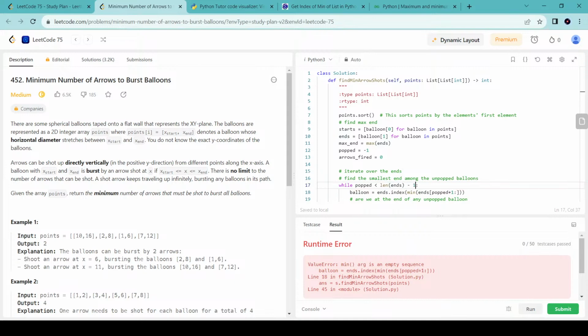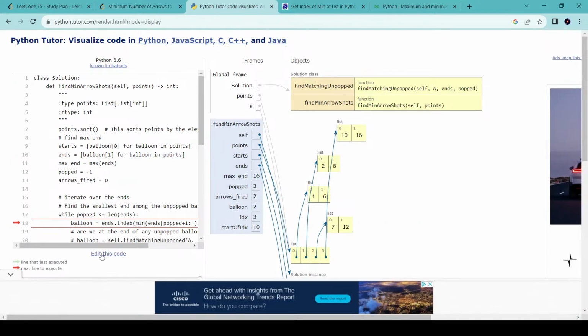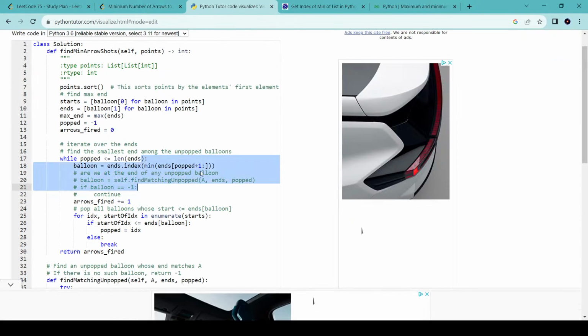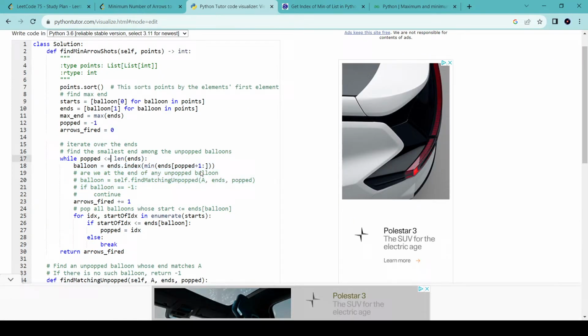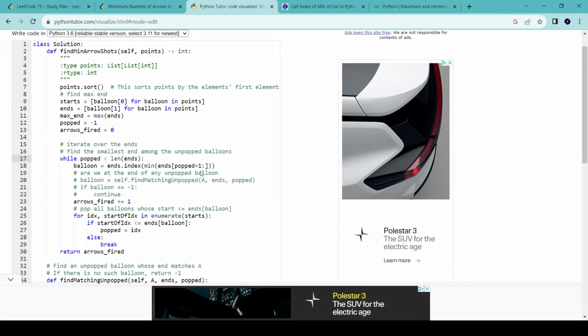Minus 1. Smaller equals the length will have the opposite effect. So in this case, the length is 4 and we want pop to be at most 2. If pop is 3, then we're done, right? If pop is 3, it means that all balloons are popped. Balloon number 3 is popped.